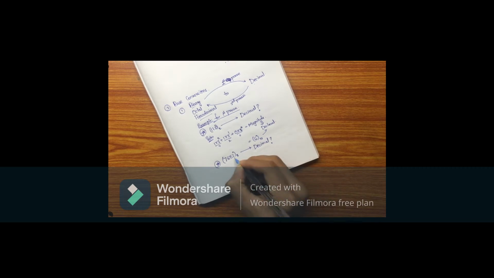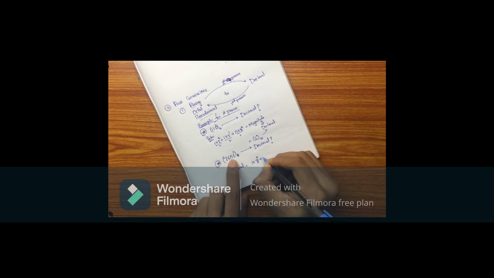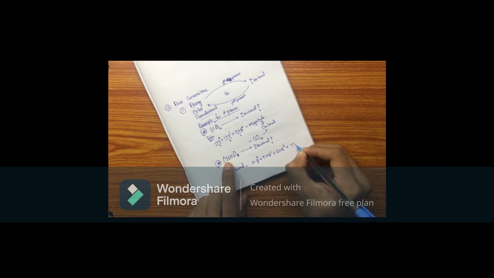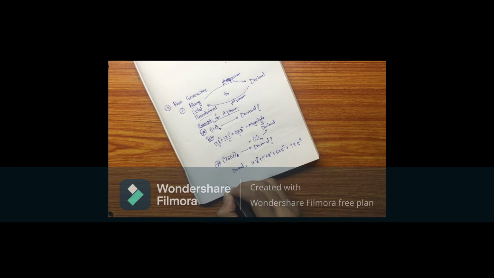Simply multiply each digit with its weight and add them. So decimal is equal to 1 into 8 power 0 plus 5 into 8 power 1 plus 6 into 8 power 2 plus 7 into 8 power 3. In this way we will get it.